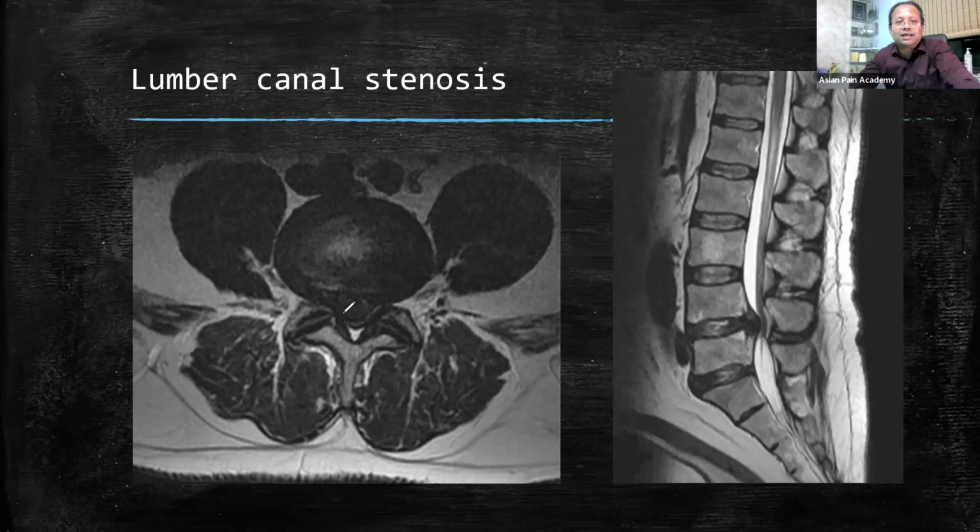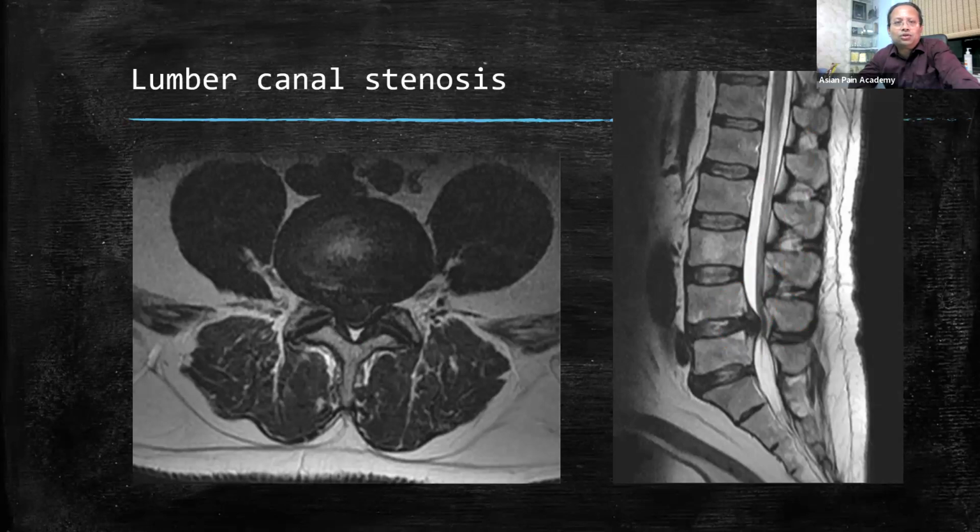So in these cases, you can see here that this sagittal section is central. So here you can see that it is completely compressed. These are the cauda equina roots. These are the cauda equina roots. So in these cases, of course, many times surgery is needed. Only our intervention is not sufficient.